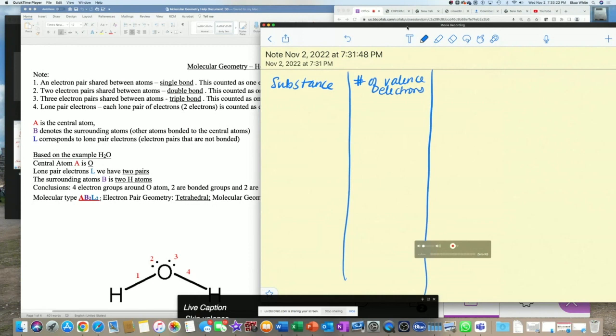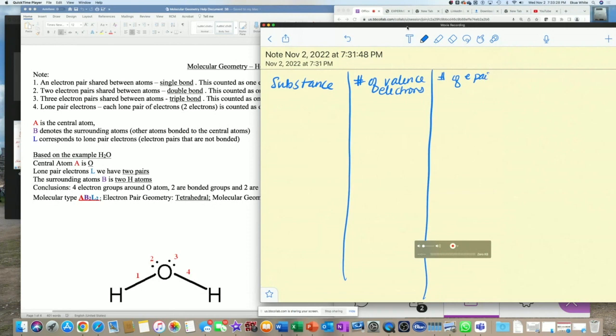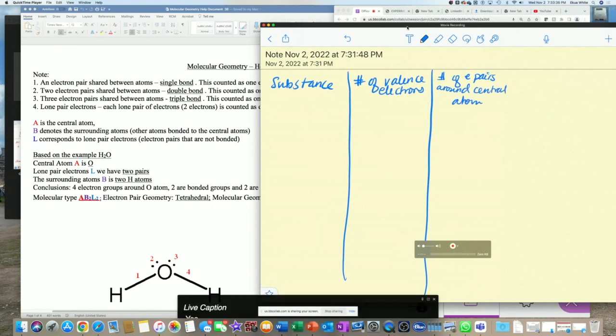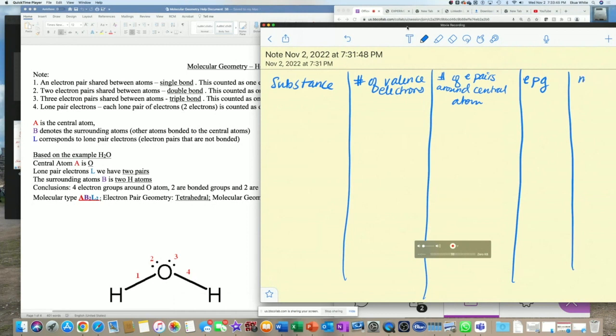And then we have number of electron pairs around the central atom, right? And then finally, I'll call this electron pair geometry, so that's the EPG, molecular geometry, MG, and then this is molecular type.